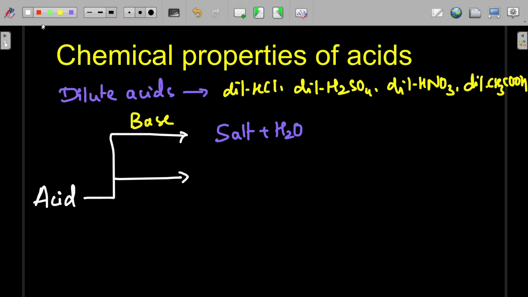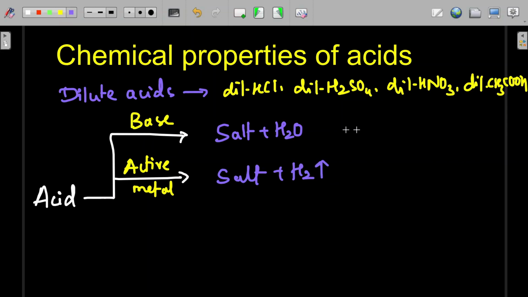Second, you will react it with active metal. Active metal means the metal which is above hydrogen in the reactivity series, not the one below. So acid plus active metal will give you the respective salt plus hydrogen gas.